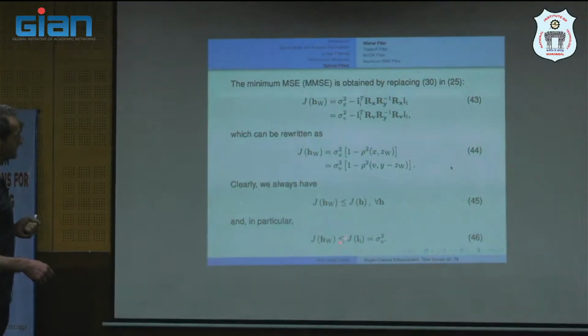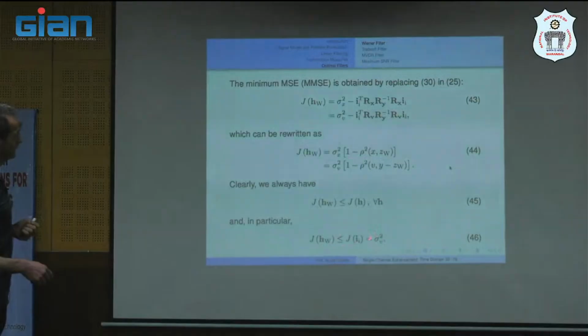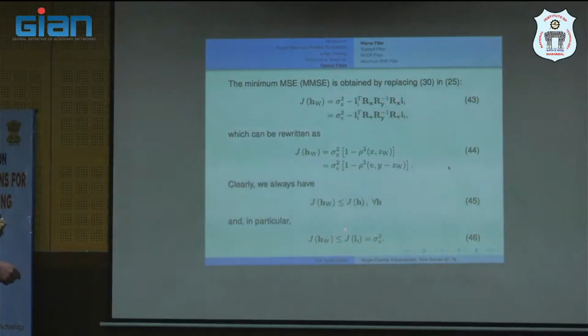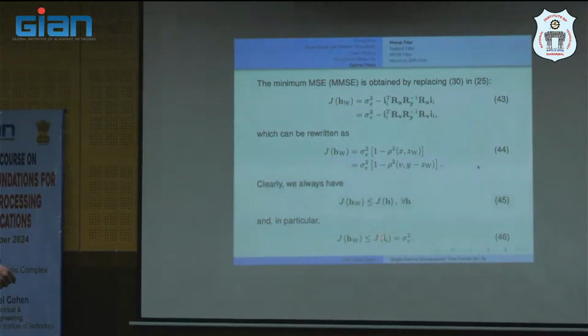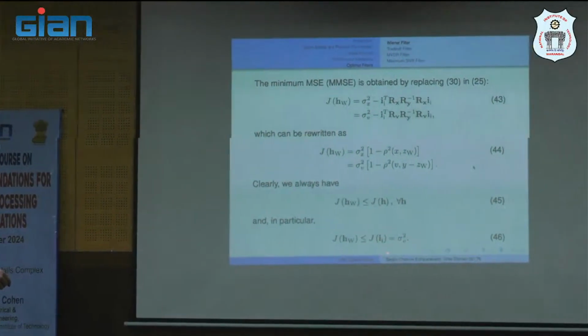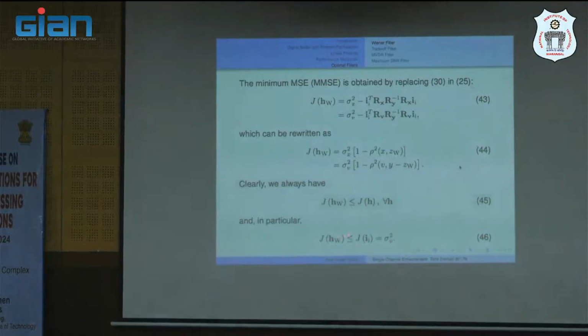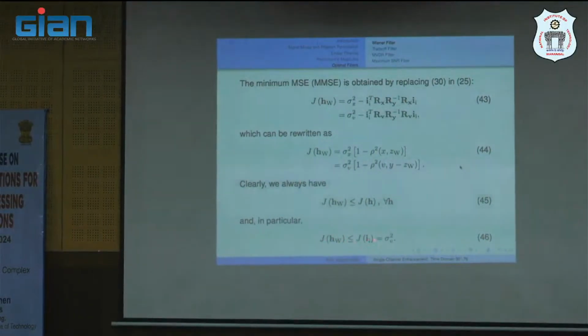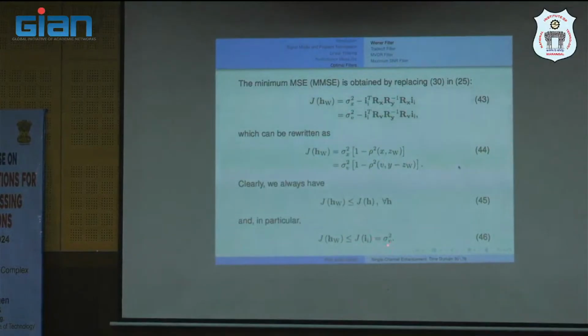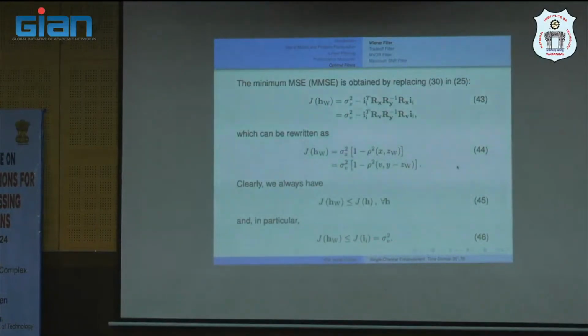And also we see that we have an upper bound for the Wiener filter, because if we take here the identity, we have the variance of the noise, so obviously the minimum mean squared error is smaller or equal to the variance of the noise.